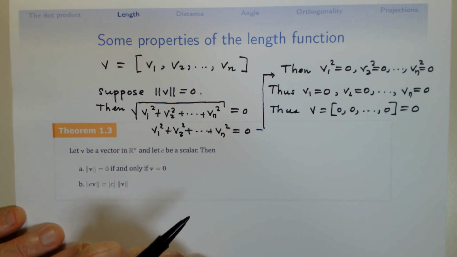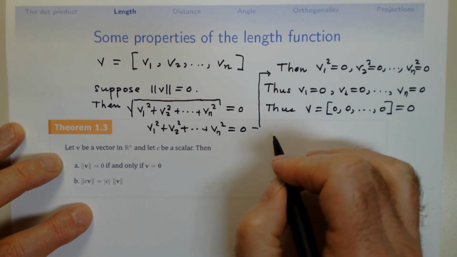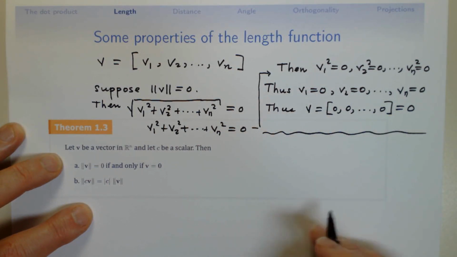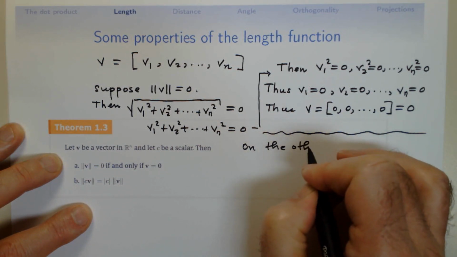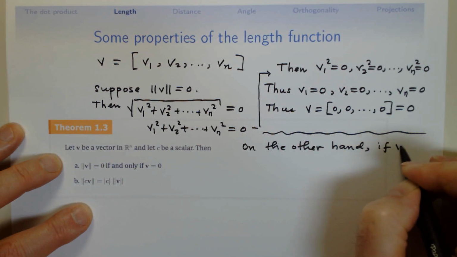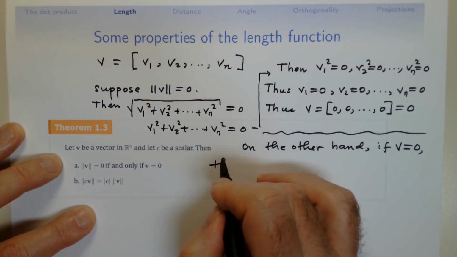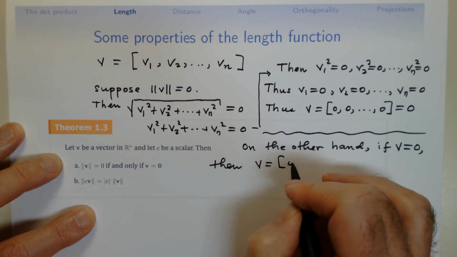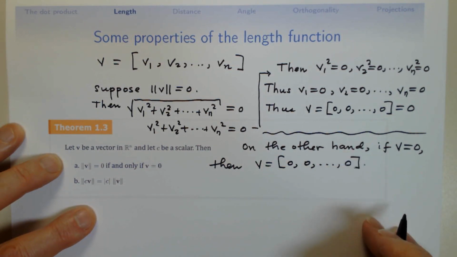The other direction is actually quite a bit simpler, because we know if we have the 0 vector, let me just make a little line of demarcation here. I'll just say this, on the other hand. If V is the 0 vector, then we know that V consists of a vector, all of whose components are 0.